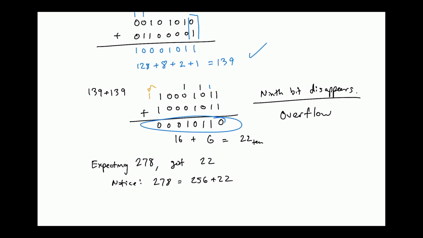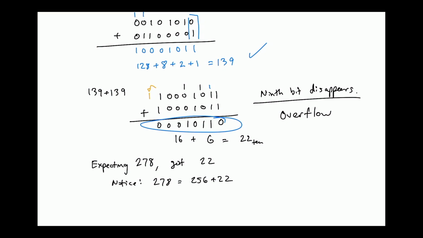On the clock example, we did everything in groups of 12, and anytime you went above 11, you cycled back around to 0. This 8-bit scheme is equivalent to a clock that would have 256 different positions, 0 through 255.